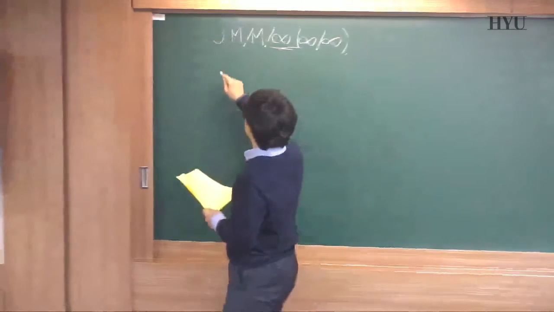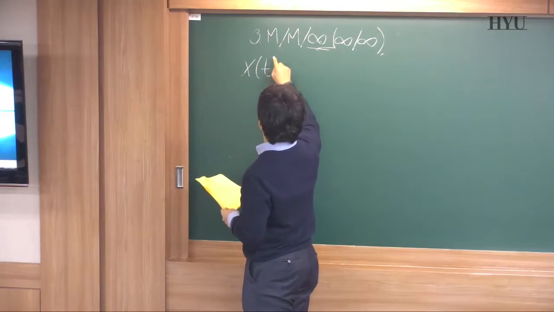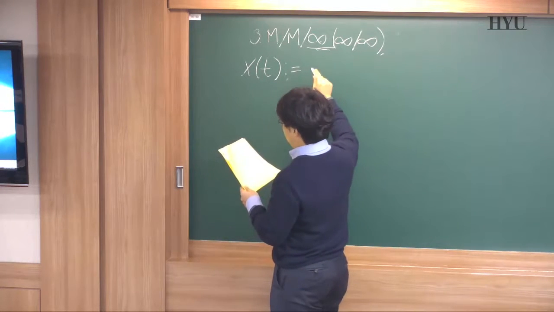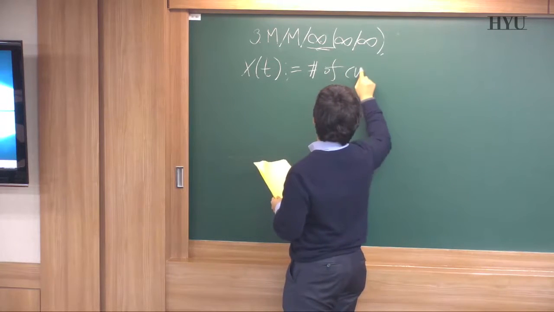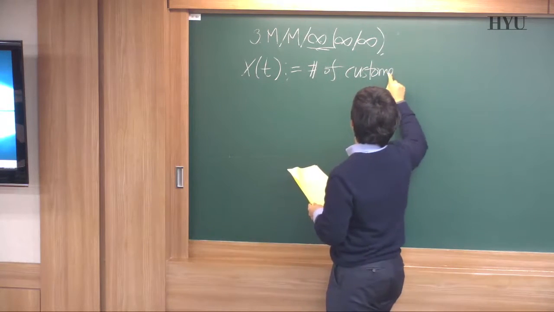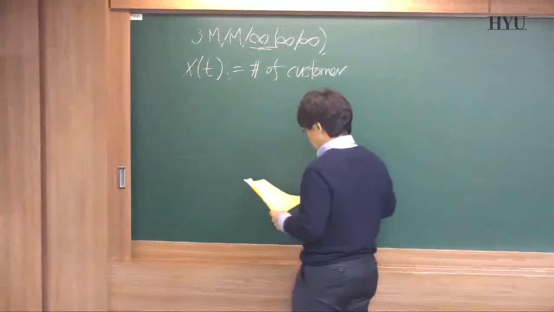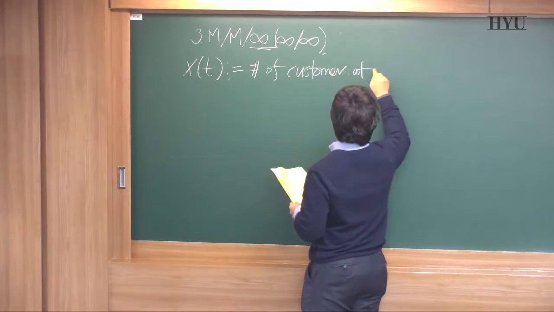X of t represents the number of customers in the system at time t.